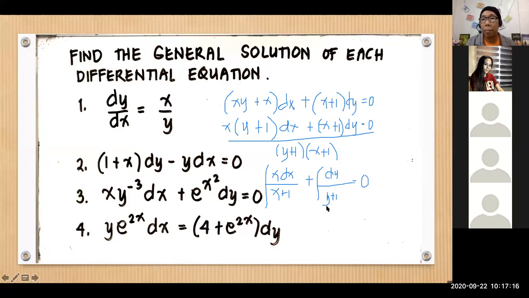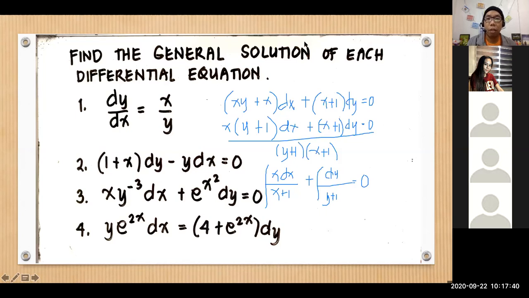So, ayun na. Yun na yung next step. So, if you can be able to separate the variables where x ay naka-dx at si y ay naka-dy, then that differential equation is a separable DE. Okay? Clear? Now, I will show you an example na hindi separable yung DE.